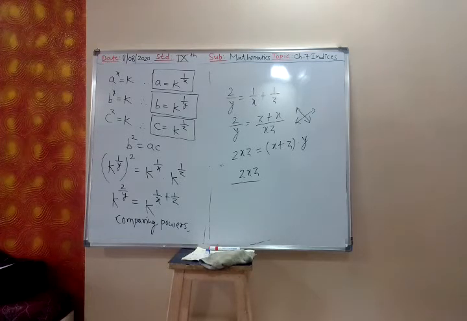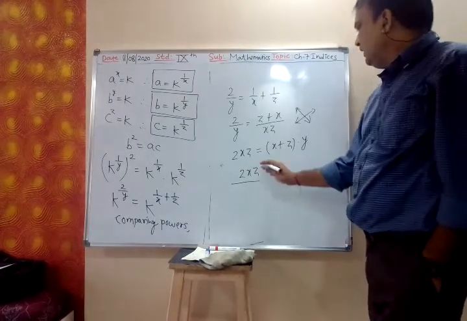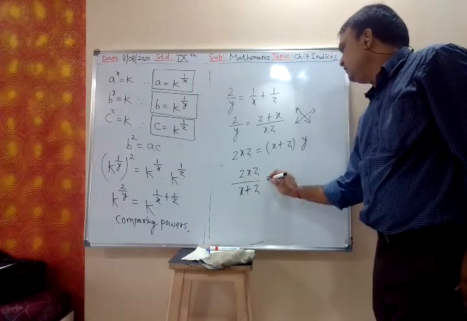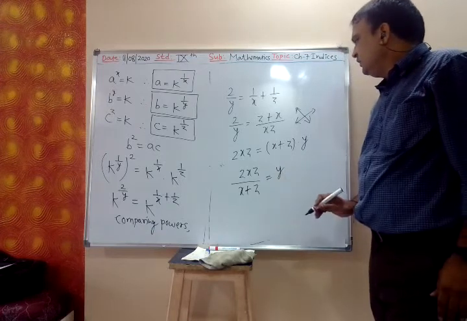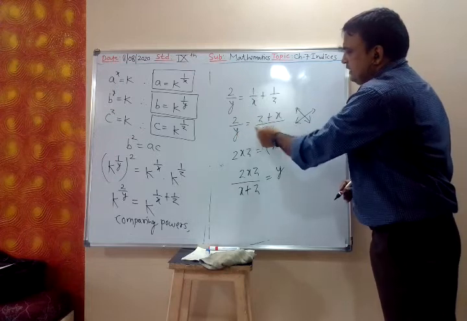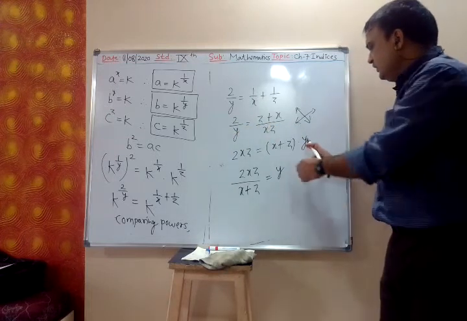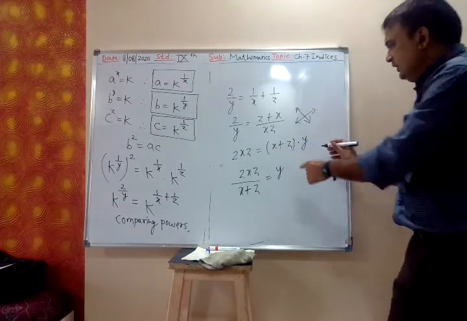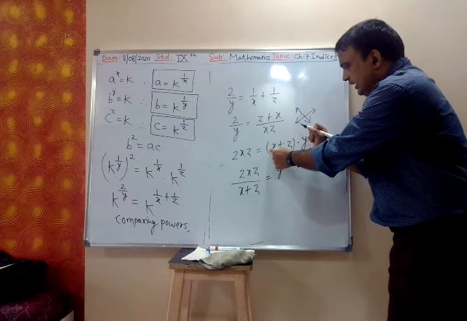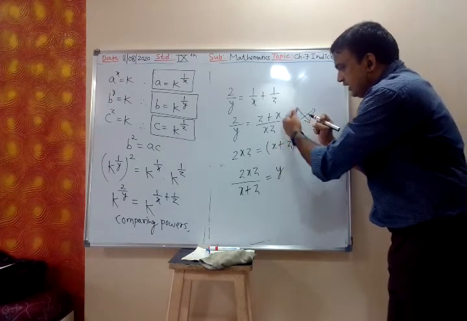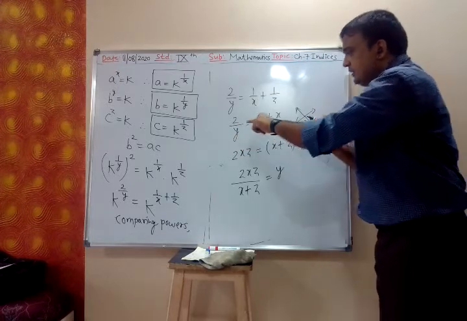Yes. Okay. So 2xz upon x plus z is equal to y. No, we are cross multiplying. 2xz is equal to y into z plus x. See, on the right hand side x plus z is in the multiplication. So when you take x plus z to the left hand side, it will go in the division.